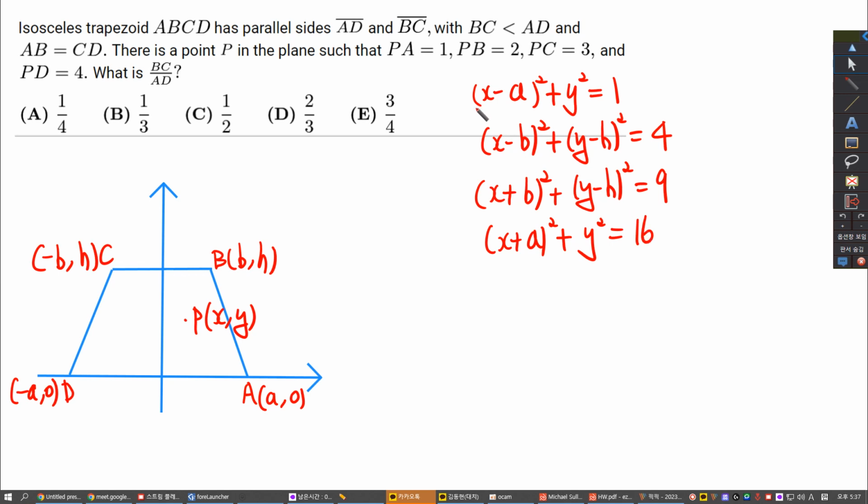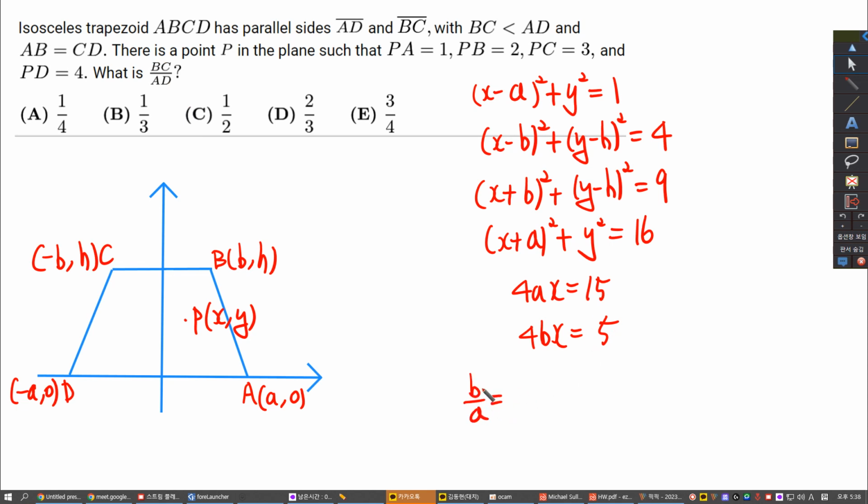So if we subtract the first and fourth equation, 4ax is 15. And if we subtract the second and third equation, 4x is 5. And BC over AD is equal to b over a.